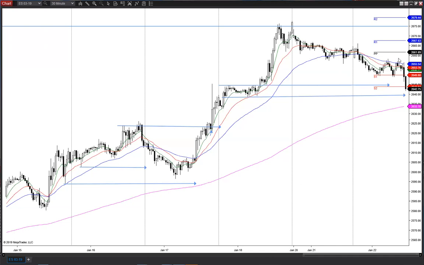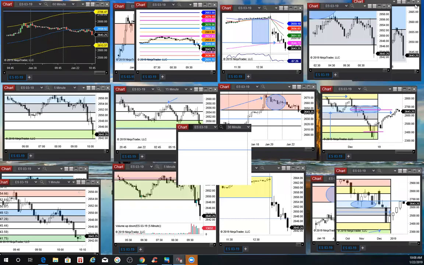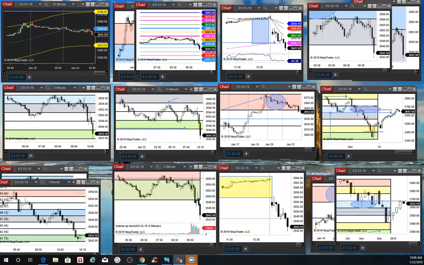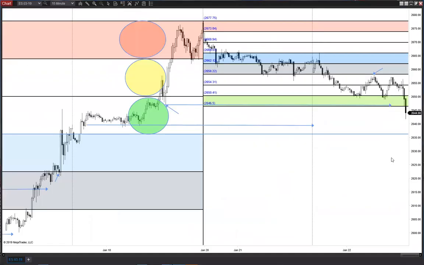This is still a range type trade. We are testing for support. And based on last week's range, the biggie back down in here, this 37 area, that's got to be considered support right now.